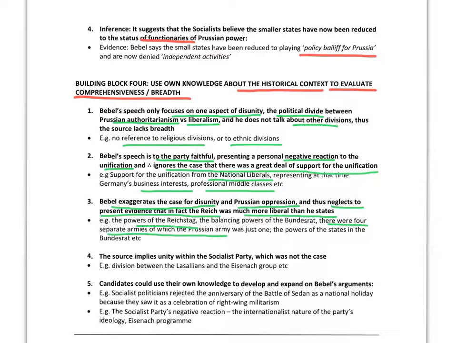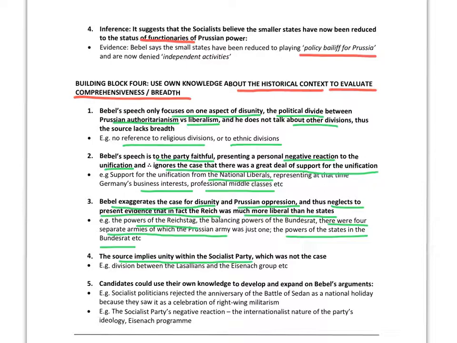So therefore fill in the gap. We do know that the smaller states were represented in the Bundesrat. There were 58 seats. We know that Bavaria had 6 seats. Yes, Prussia has 17, but nevertheless there was representation in the Bundesrat. Bebel ignores that, so you fill in those gaps. The source also implies unity within the Socialist Party.